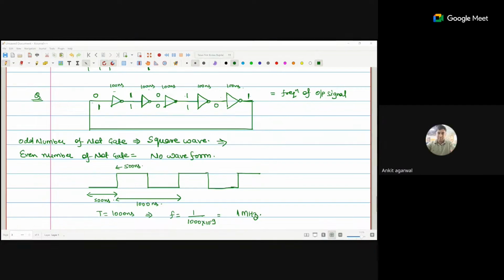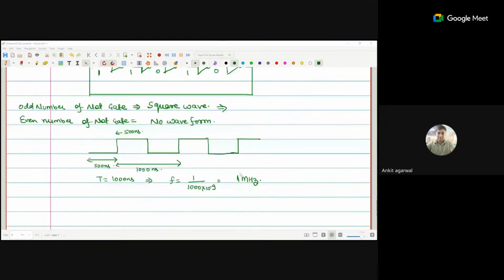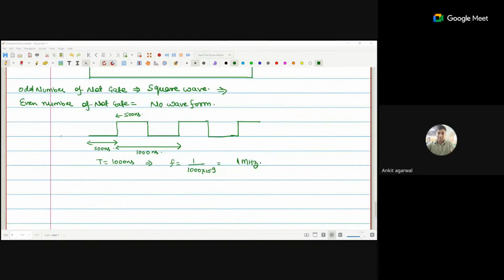If I represent this in a generalized form, the time period T can be written as 2 times 5 times 100 nanoseconds. Here 5 is the number of NOT gates, and 100 nanoseconds is the delay of each NOT gate.